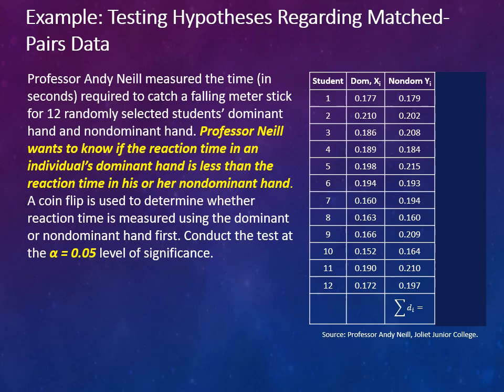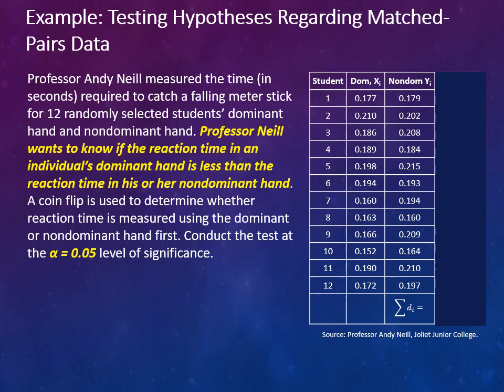A coin flip is used to determine whether reaction time is measured using the dominant or non-dominant hand first. This is a great addition in this problem that we often overlook, and this is why we oftentimes have to repeat statistical studies, because we forget something like this. The order that you use which hand may affect the result.